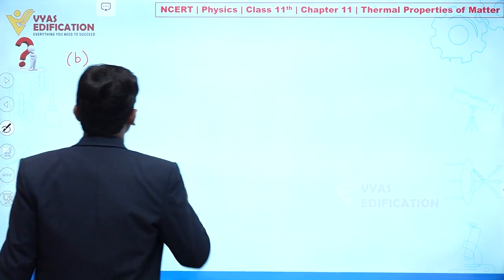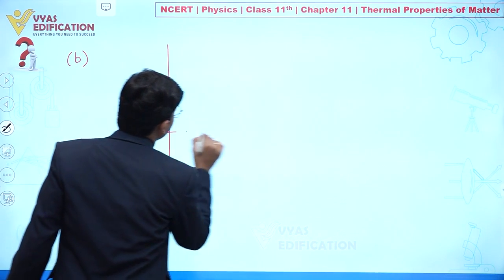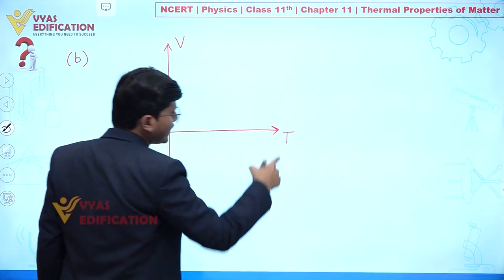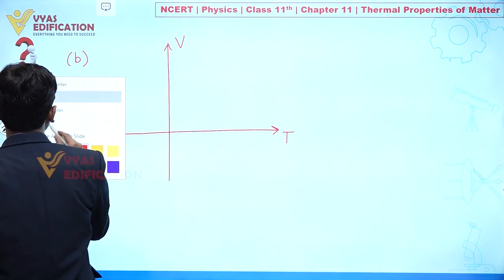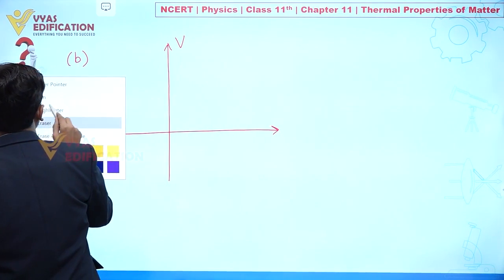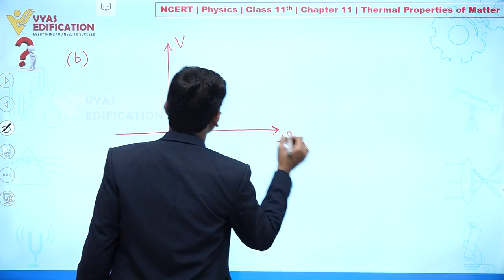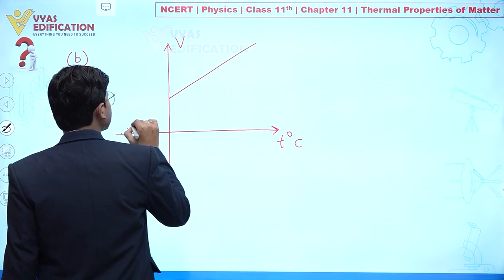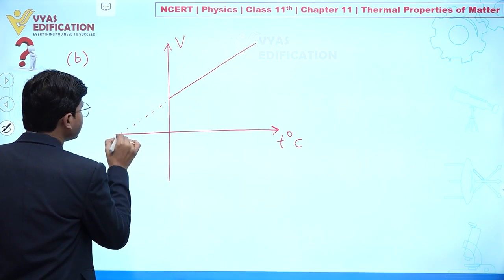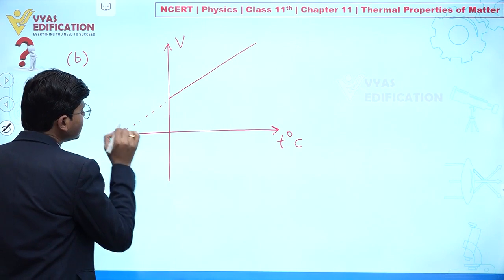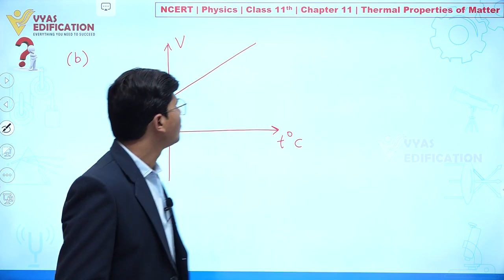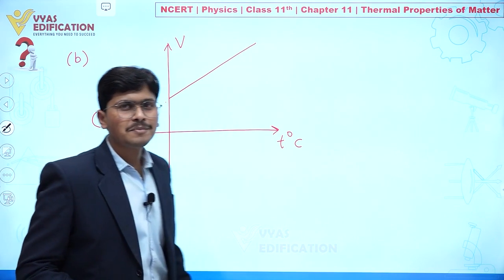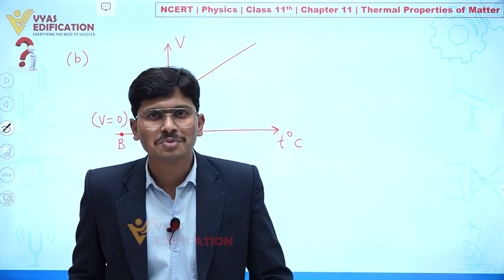If you draw a graph between volume and temperature, with temperature in degrees Celsius, the graph is a straight line. If you extend this line, you will find point B, at which the volume of the gas becomes 0. It means all molecular motion stops at this point.